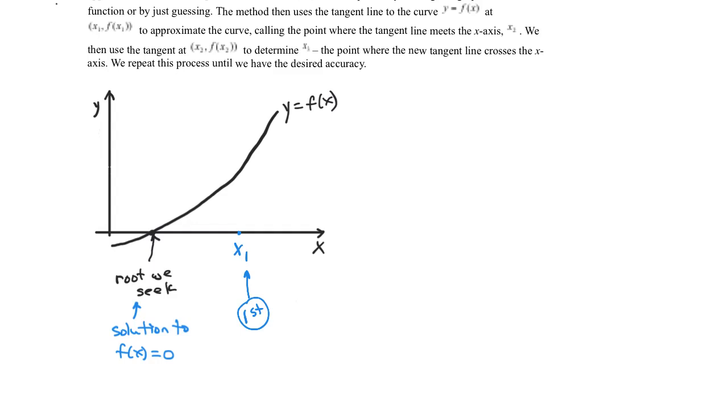And so Newton's method is going to improve on that guess by doing this. It's going to figure out the y value there. So we give it this initial guess, and it figures out where that is here.